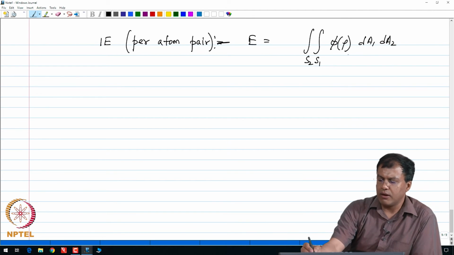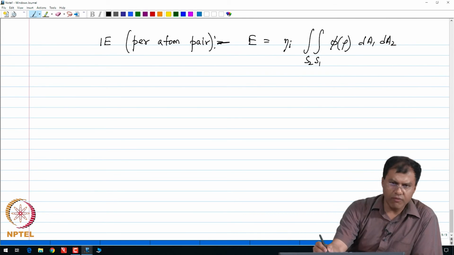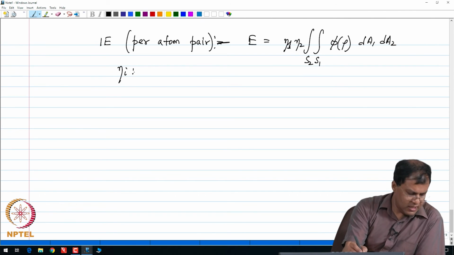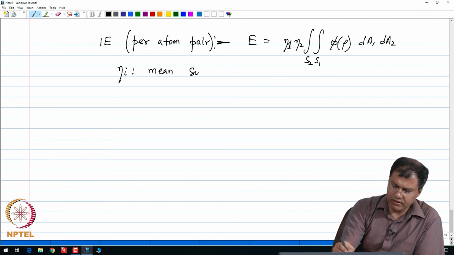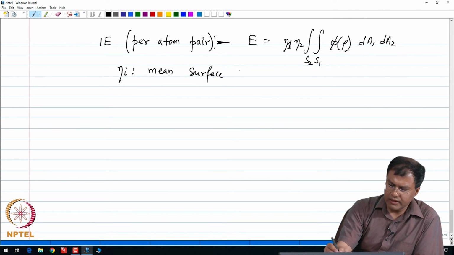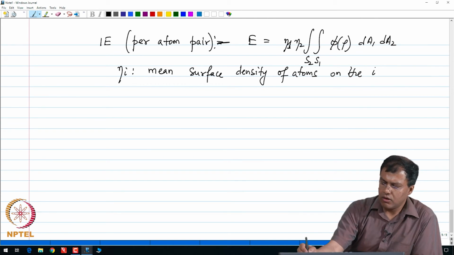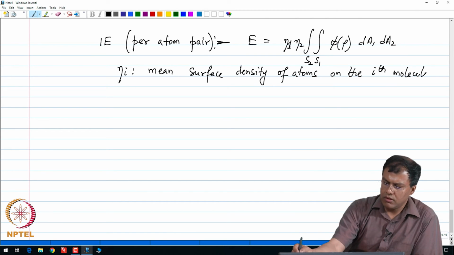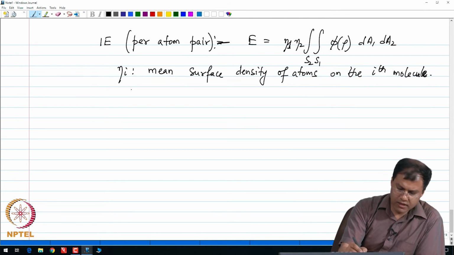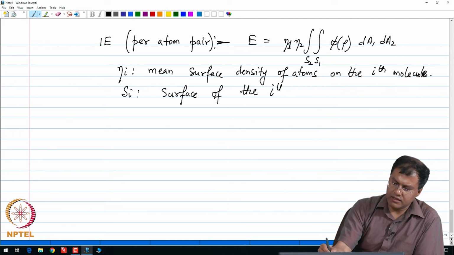So I am talking about the two-structure pair interaction, and then I take the integration over these pair structures, multiplied by the number of atoms or structures per unit surface, where eta_i is the mean surface density of atoms or structures on the ith molecule, and S_i is the surface of the ith molecule.